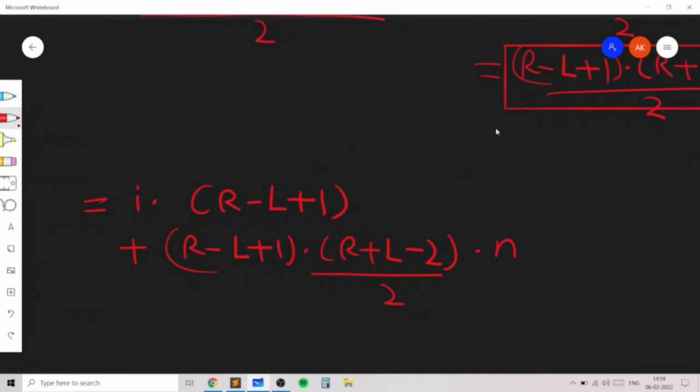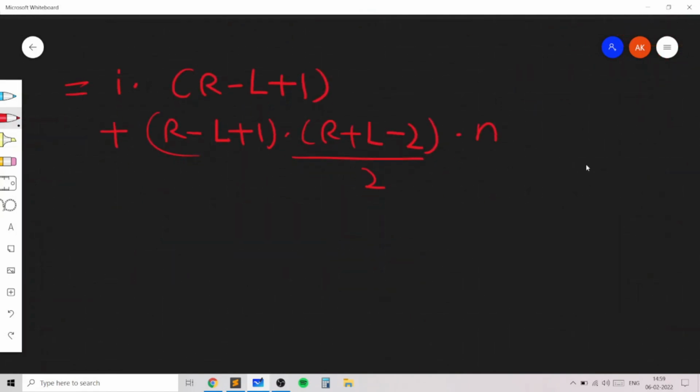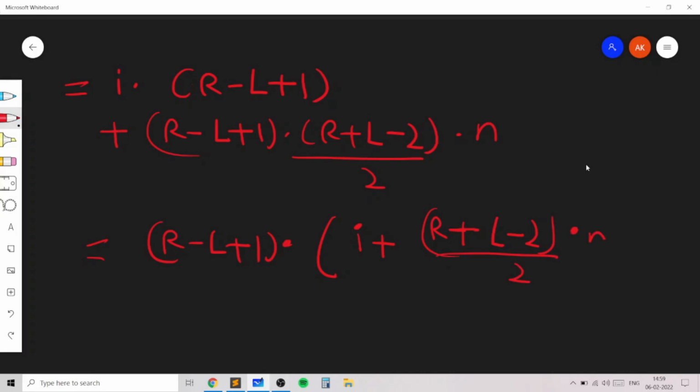This is the whole sum of elements, and we take out the quantity r minus l plus 1 common, because we are trying to prove that r minus l plus 1 divides this whole expression. And if we just take the factors out, you will realize that this is what we are left with. And this quantity in blue over here is actually an integer.